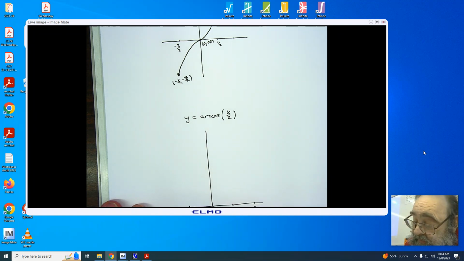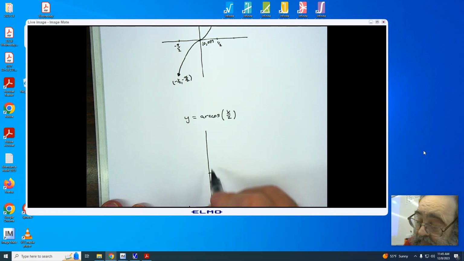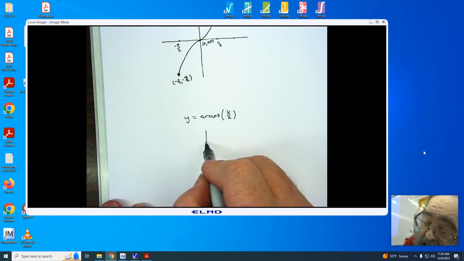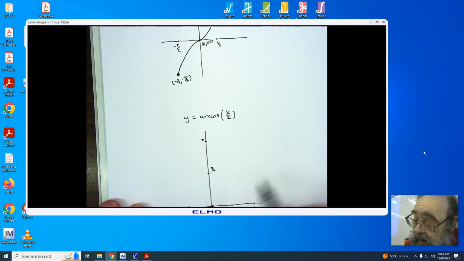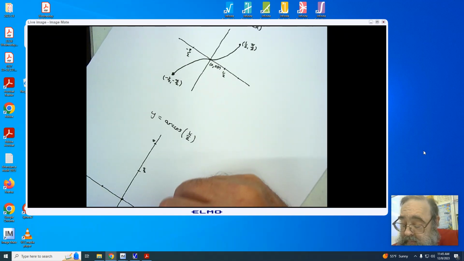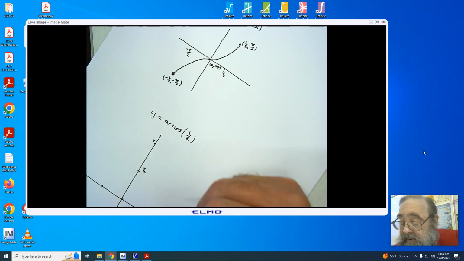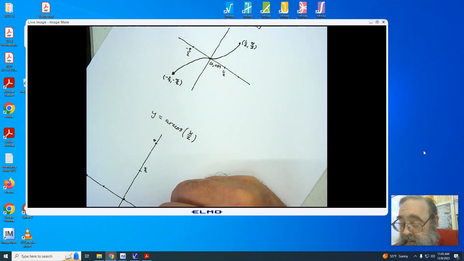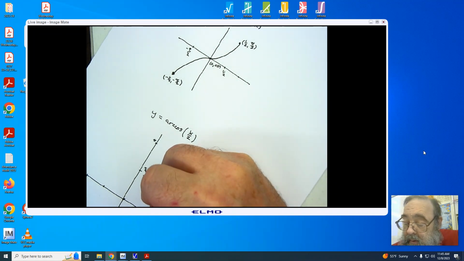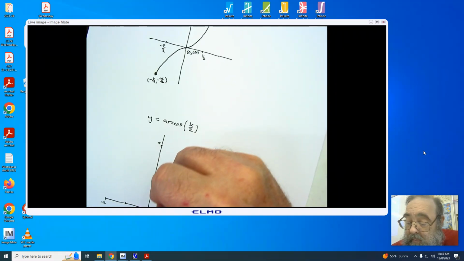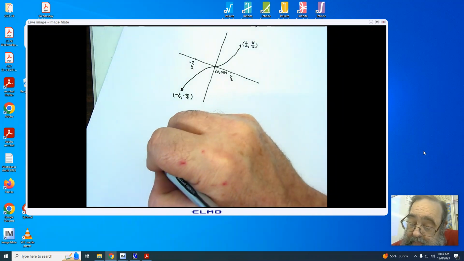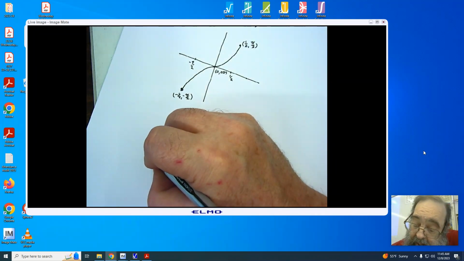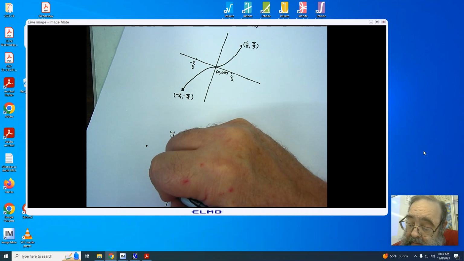We still have 0, pi over 2, and then going to pi. Our curve starts at 2, comma 0, goes down to 0, pi over 2, and then is going to go up to -2, pi.